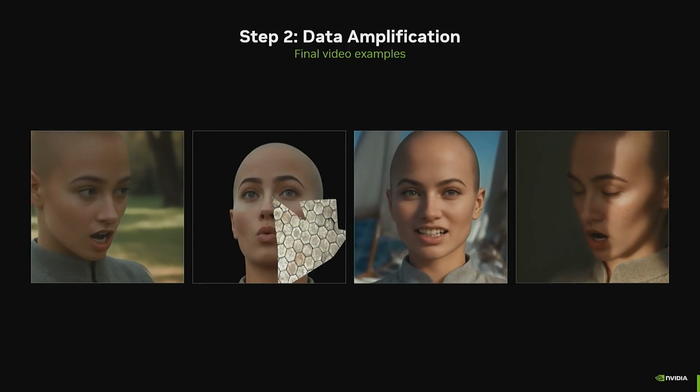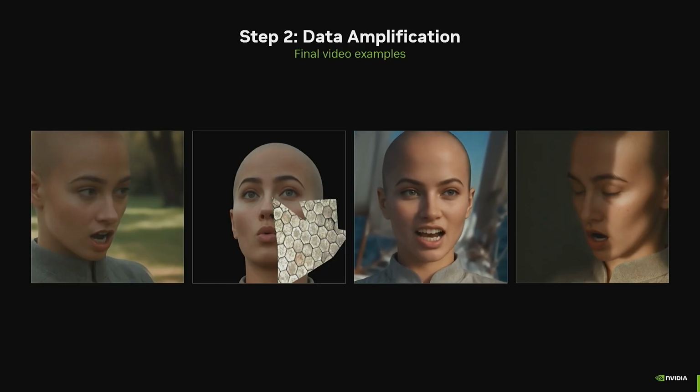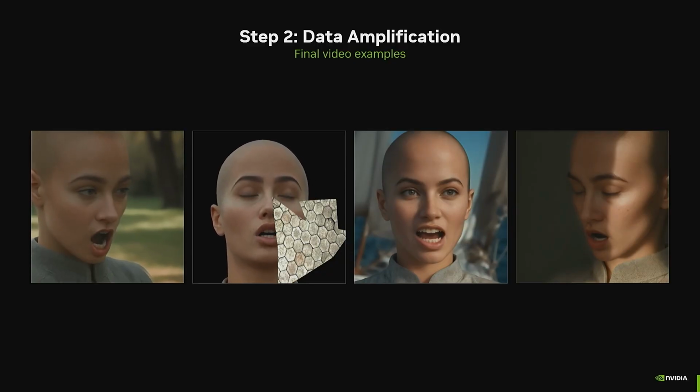So you have a character that just talks with different lighting and different facial expressions, and sometimes some occlusion. So here is an example with an occlusion in front of it. And the last one, just the character talking at, I guess, a 45-degree angle.